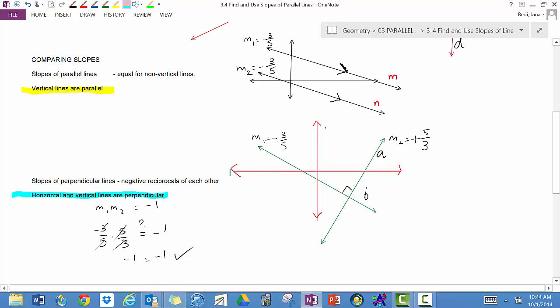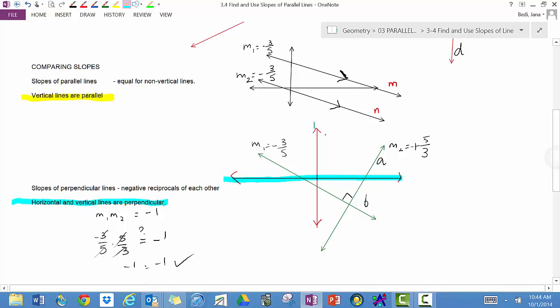If you look at your x and y axis here, that's a horizontal line, and that, I didn't do a good job of that. So anyway, that's your vertical line. So in a coordinate plane, your x and y axes are always perpendicular.